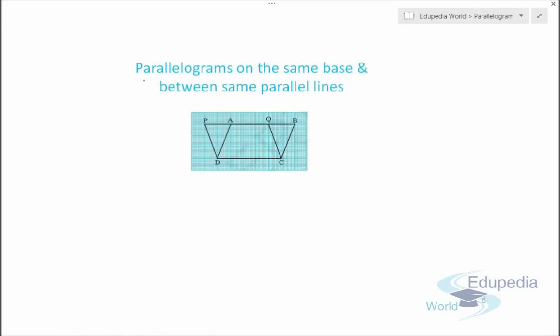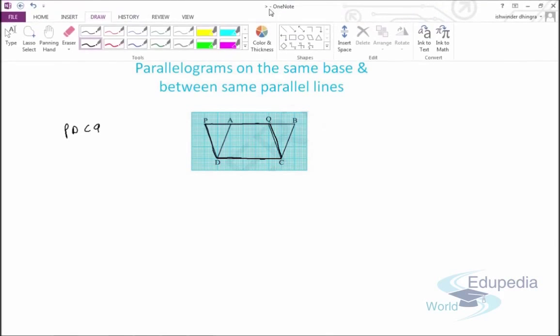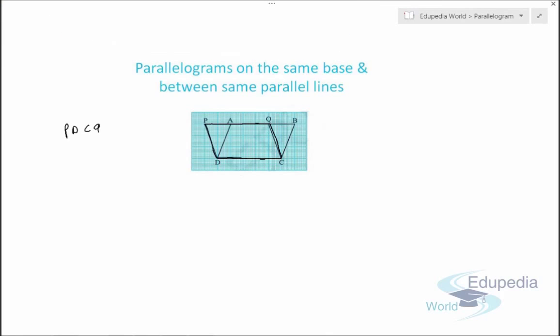Now, parallelograms on the same base and between the same parallel lines, how we can identify them. If you can see properly, this is one parallelogram, PDCQ, and another parallelogram, which is ABCD.